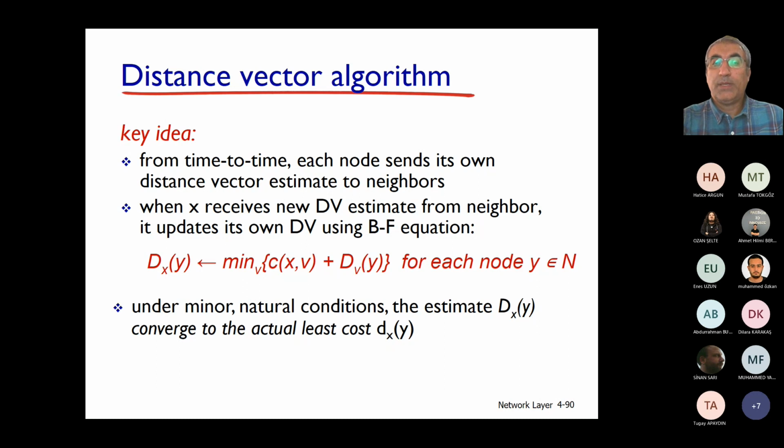Because the change can happen on this distance vector, that's why each node sends its own distance vector to its neighbors. So when X receives new distance vector estimates from a neighbor, it updates its own DV using the BF equation for each node y.